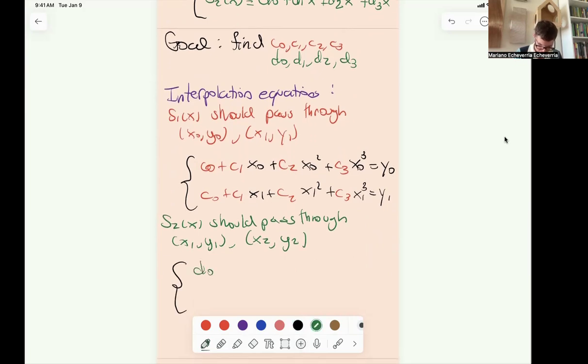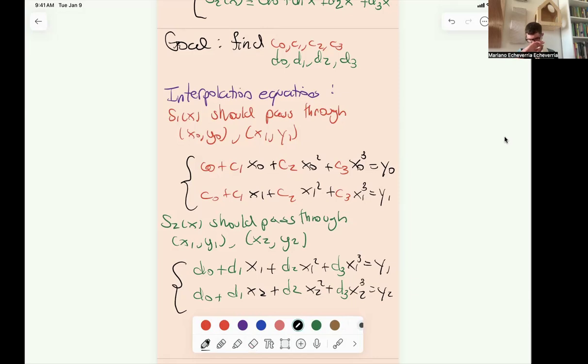So this would be d0 plus d1 x1 plus d2 x1 squared plus d3 x1 cubed equals y1, and then d0 plus d1 x2 plus d2 x2 squared plus d3 x2 cubed, sorry, should be y2. Okay. Is that making sense so far?